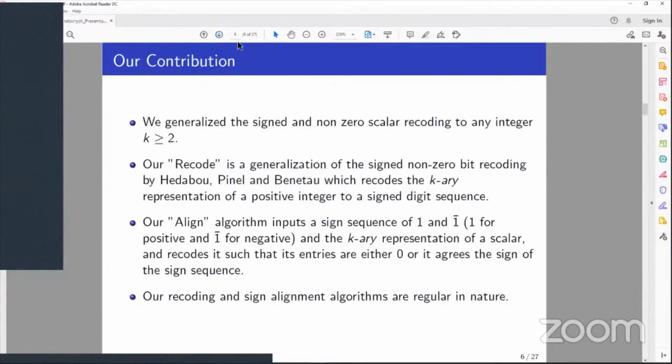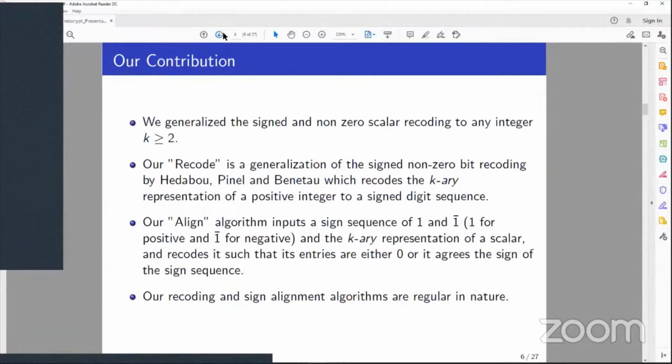We give two algorithms, one recode and one align. What recode does is it recodes a given k-ary representation of a scalar into a non-zero representation.